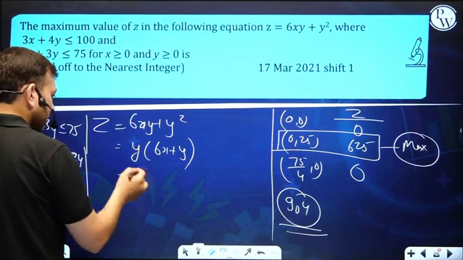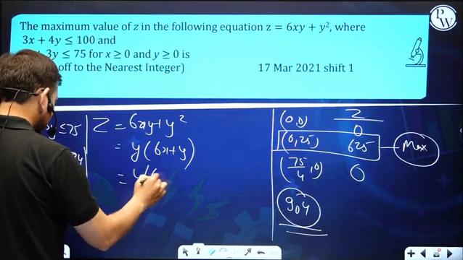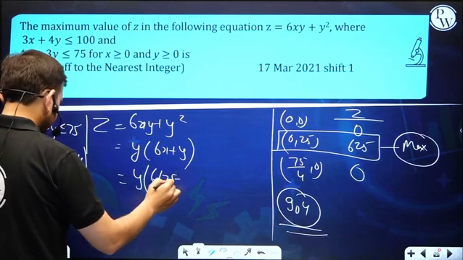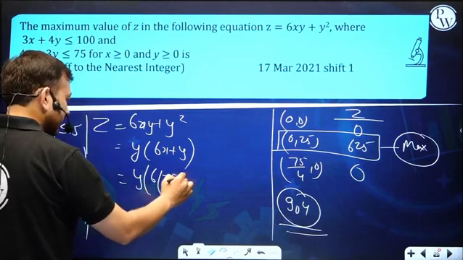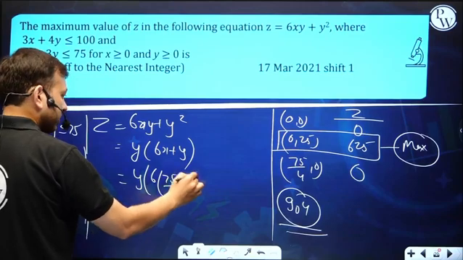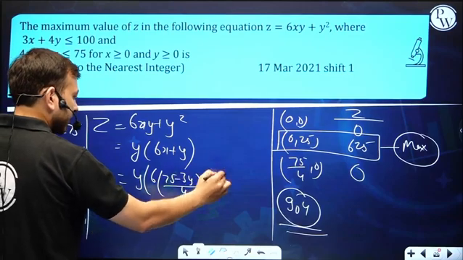Substitute here: 6 into (75 minus 3y) by 4, plus y, all multiplied by y.